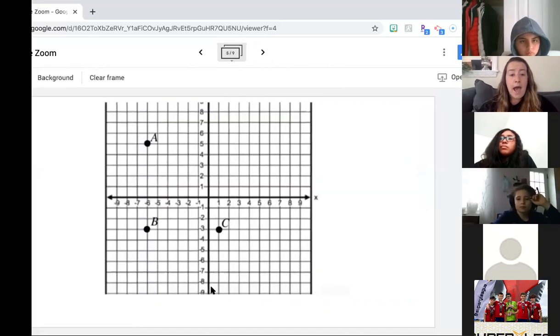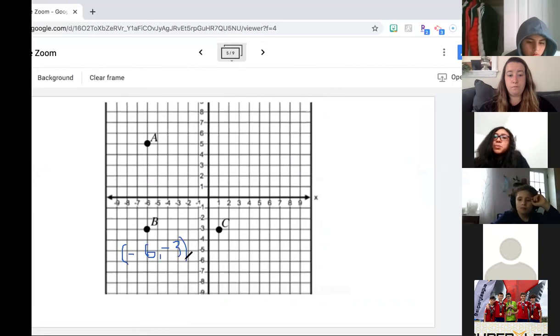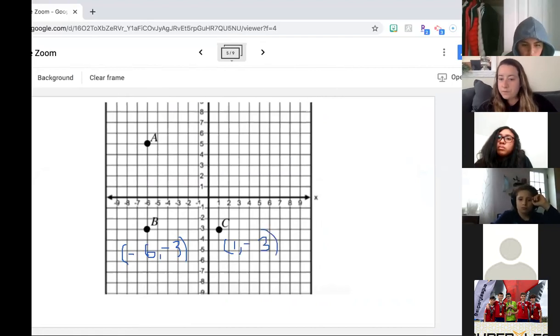This one. What is the distance from B to C? I'm seeing a lot of good answers. So we went from -6, -3 to 1, -3.